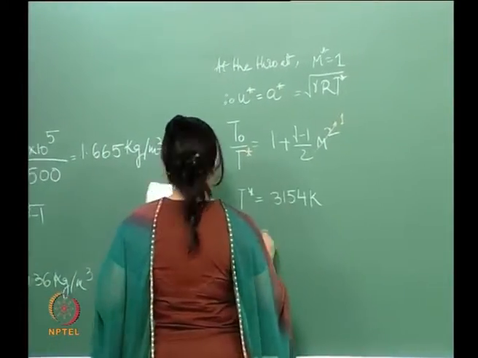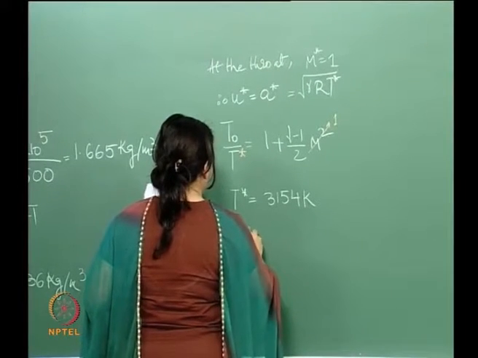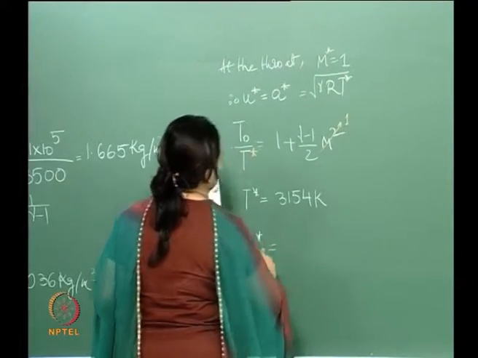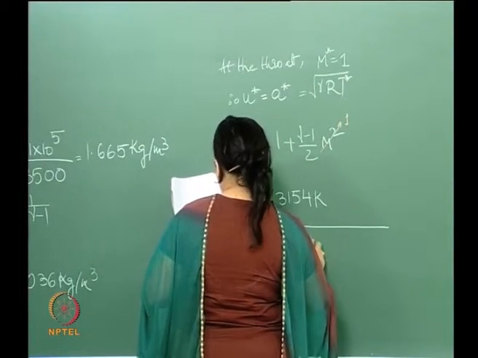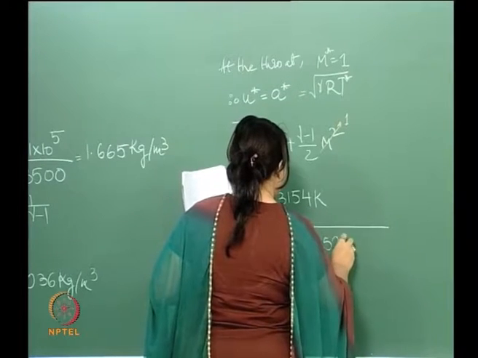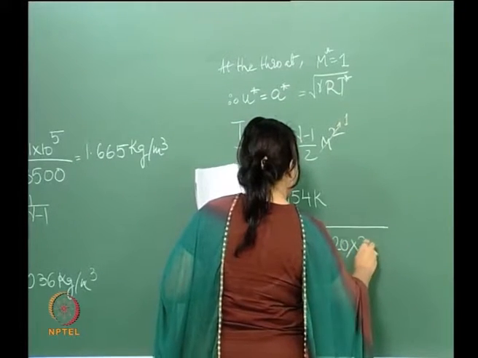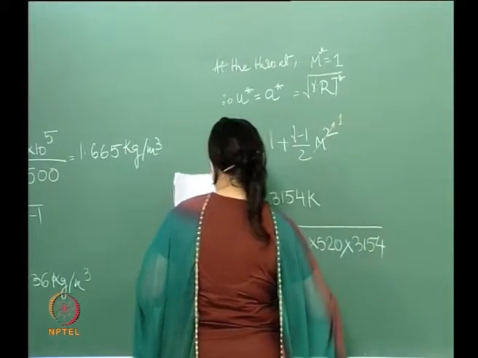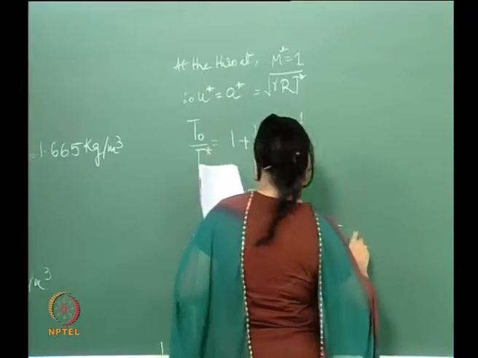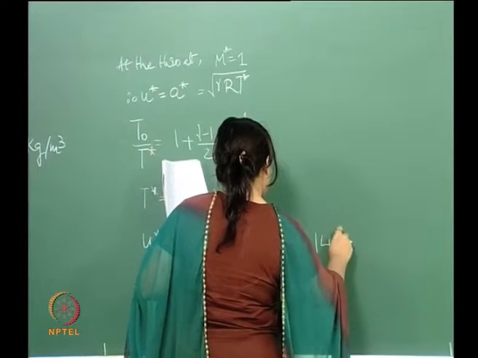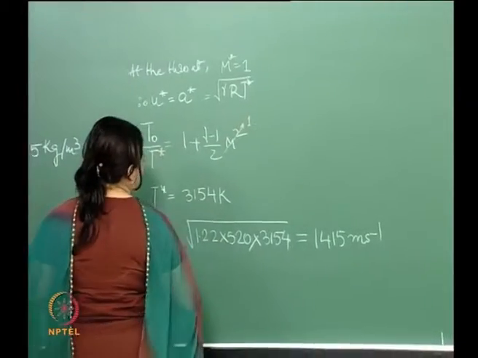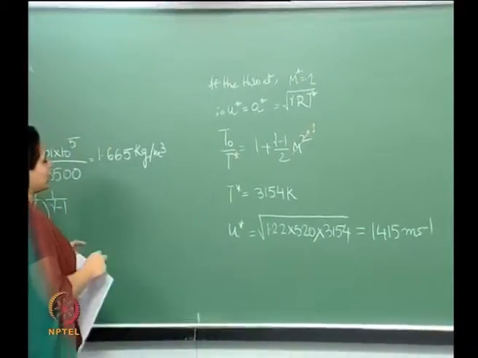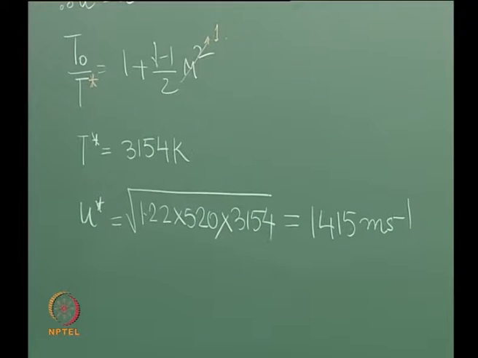So, we get u star, with gamma as 1.22, and this comes out to be 1415 meters per second.